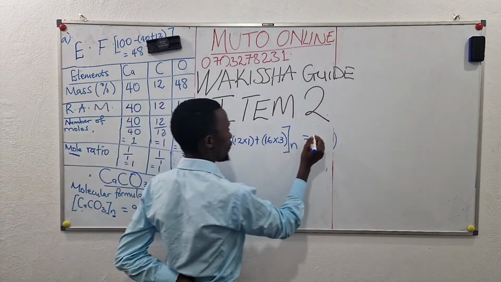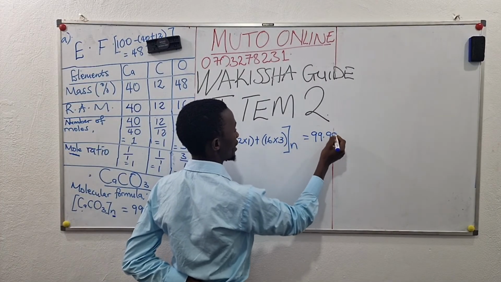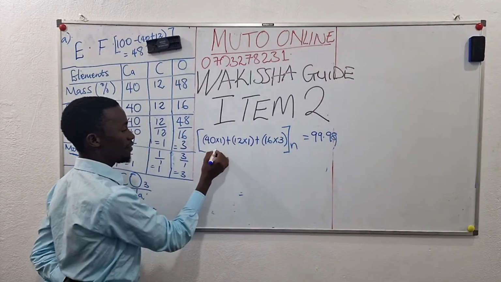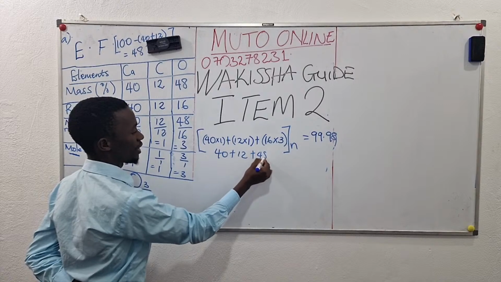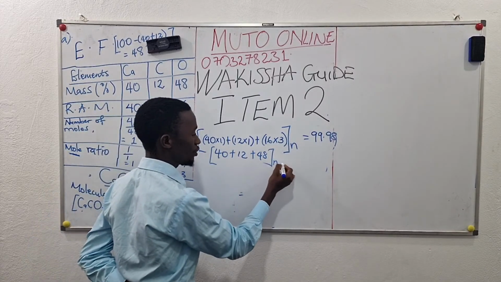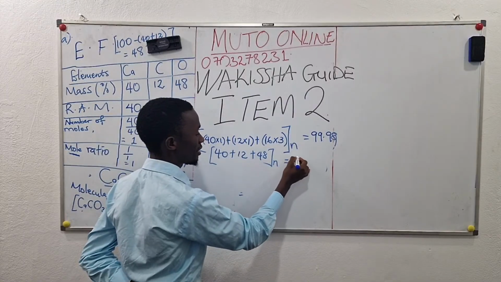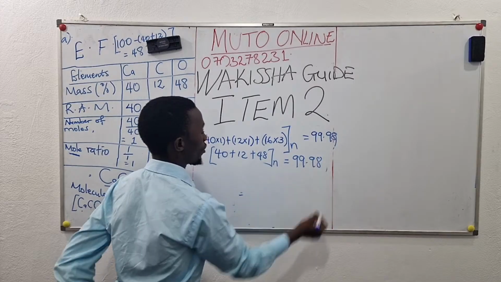So equivalent to the total mass, which is 99.8. So we shall have a 40 here, plus a 12, plus a 48, multiplied by the actual number of moles of each of the elements, equivalent to the total mass of the compound.